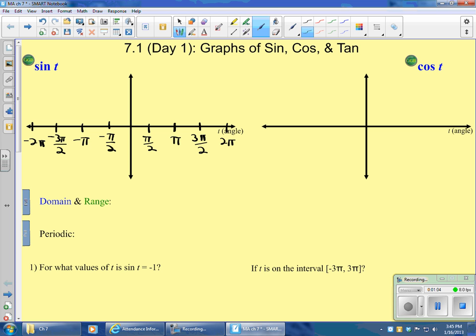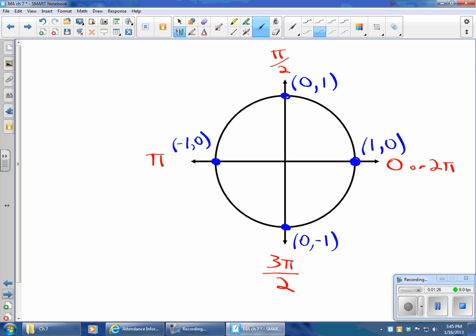We'll see that the highest sine reaches is 1, the lowest sine falls is negative 1. So I'm going to go ahead and mark those as well. And now we'll figure out what are the values. The angle values from negative 2 pi to 2 pi, remember those are radians. And if I look at my unit circle, at 0 radians, the sine is 0.